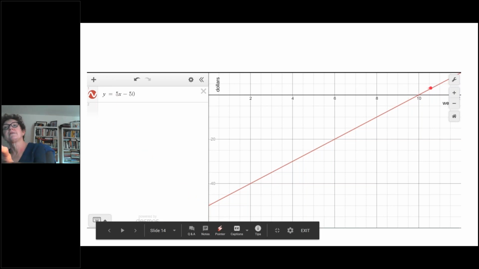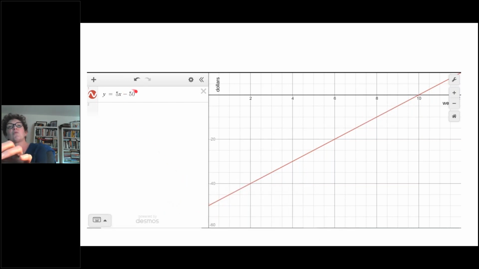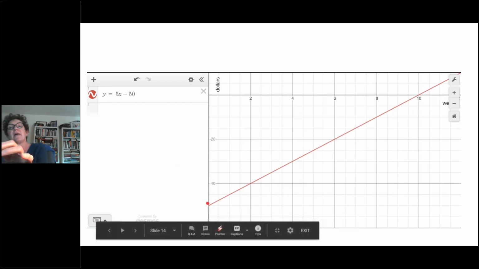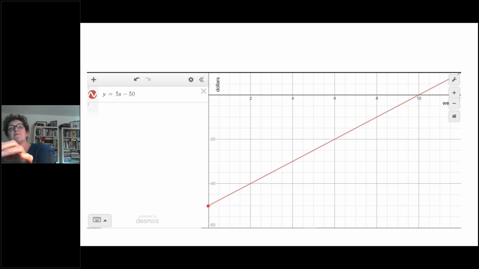It's rising, going up, even though we started at negative 50, represented right here by this minus 50. We could have also written this as plus negative 50 if we had wanted to. But that tells us that our y-intercept is a negative number, negative 50.